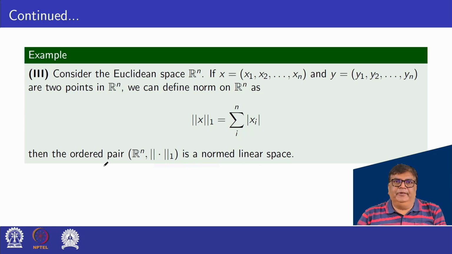Then the ordered pair Rn with this norm, norm 1, is a normed linear space. How to say this pair is a normed linear space? Let us check all properties of norm.